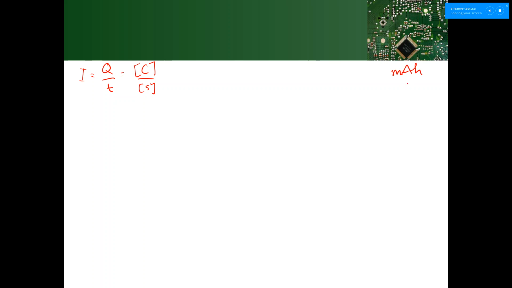That's really just a unit for current multiplied by a unit for time. And if I reorganize this equation here, I get that current multiplied by time is equal to charge. Right?